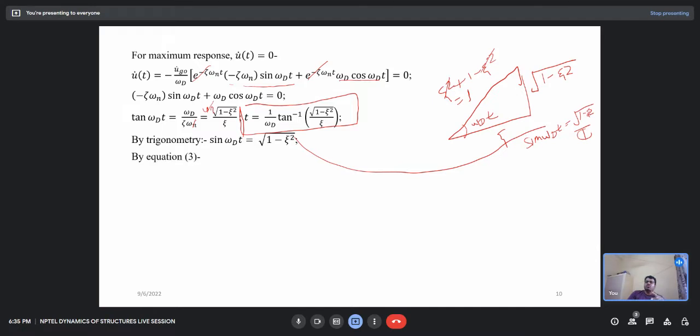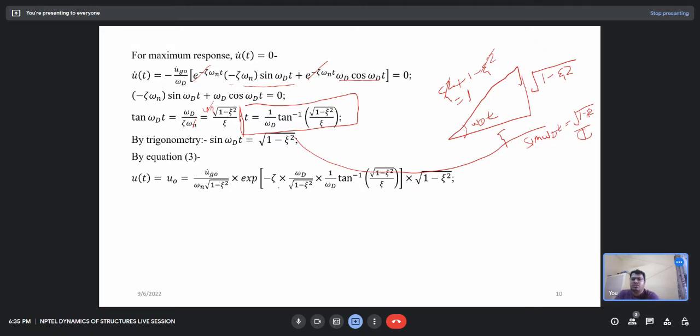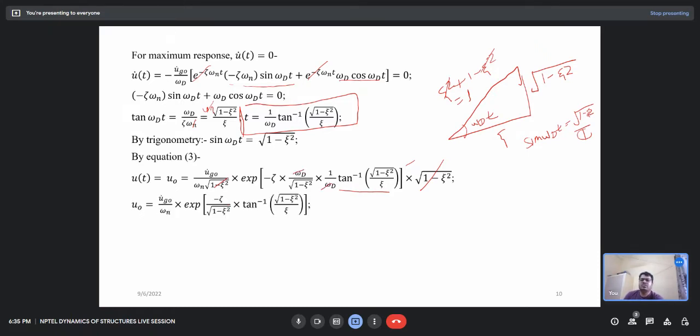So in my u(t) I have put this value of t, and where the sin omega d t is multiplied, I have put this expression with square root of 1 minus xi square. And if I rearrange the terms, these terms will cancel out inside, and this omega d will cancel out this.